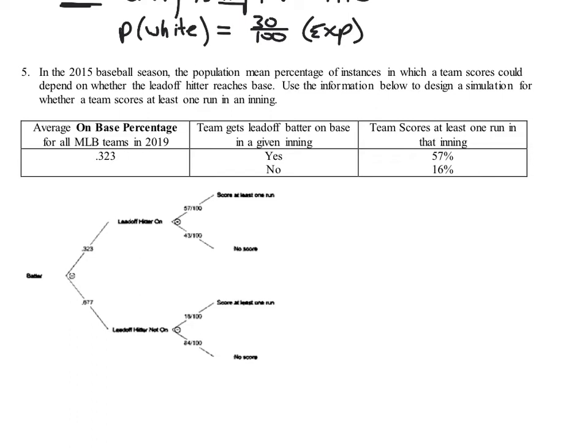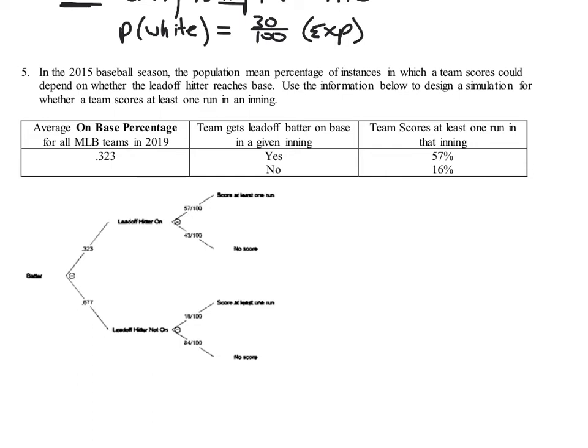During a broadcast, this statement was actually made. So I'll read the prompt here. In the 2015 baseball season, the population mean percentage of instances in which a team scores could depend on whether the leadoff hitter reaches base. Use the information below to design a simulation for whether a team scores at least one run in an inning. Here's all the information. The graphic came up and the Mets announcers were talking about it.